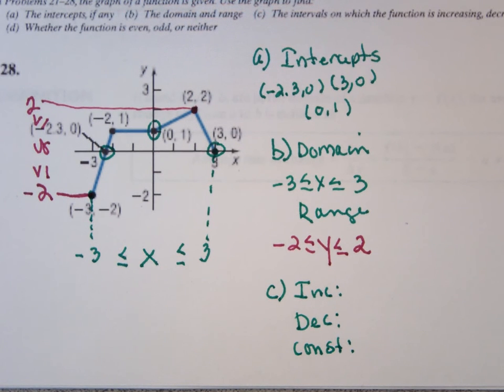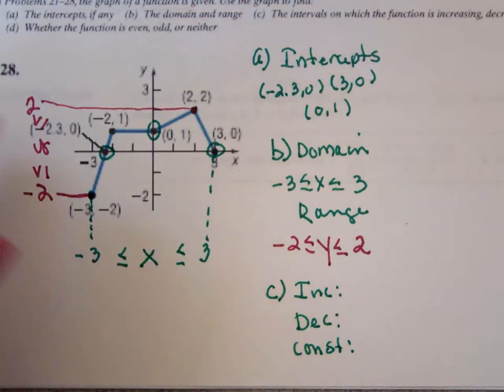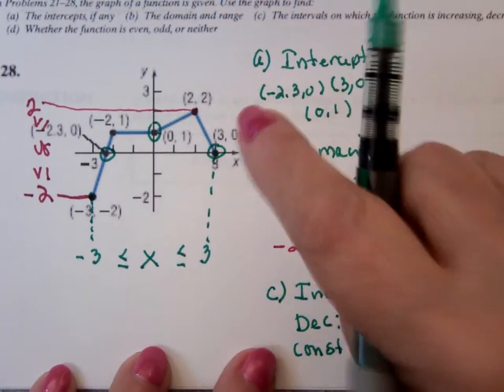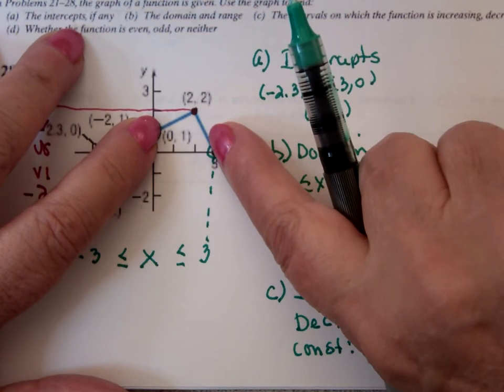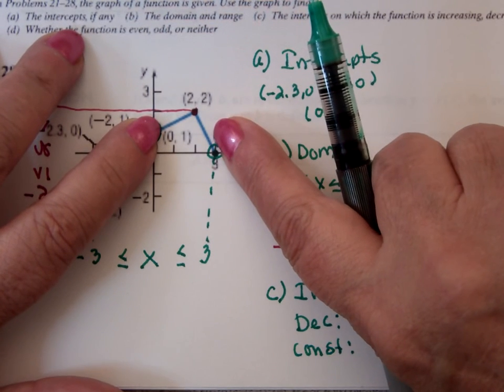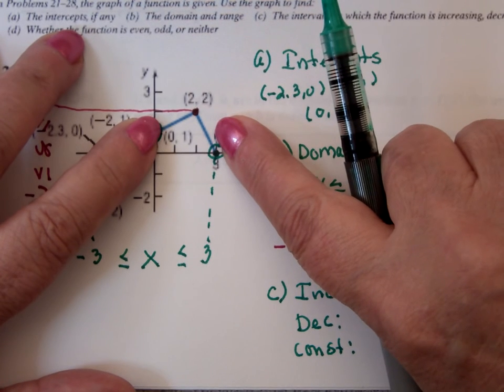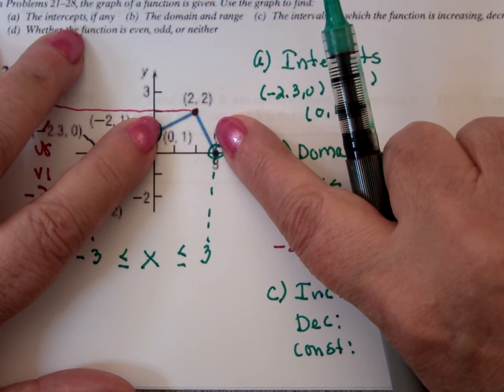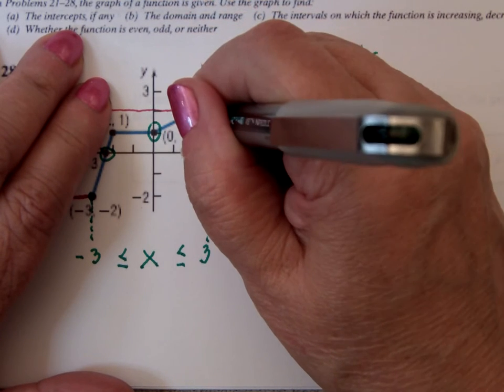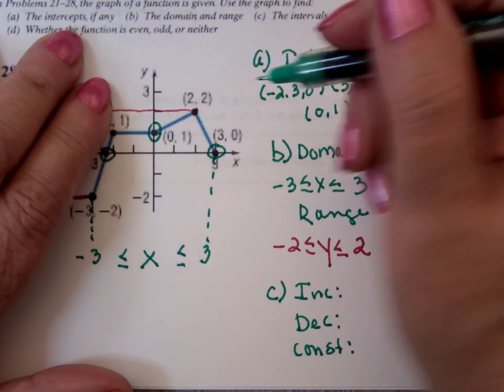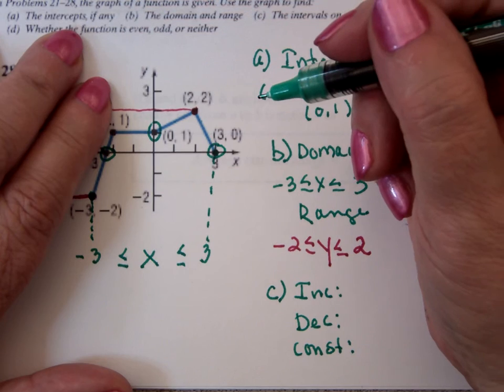So x is in control. Y's come in multiples. So I never write down y values, because here y is increasing and on this side y is decreasing. So how would you write it? It's not unique, because this y value is on the increasing arm and the decreasing arm.